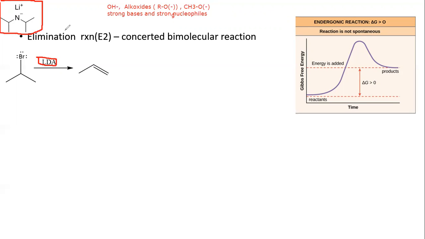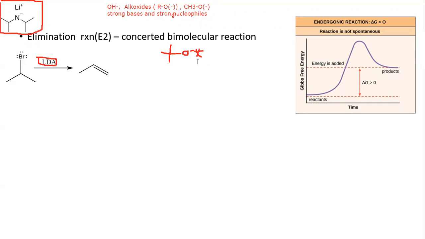Another example of a strong base but a weak nucleophile is potassium t-butoxide. And the way they would write this, something like this. I have it written somewhere, so we'll see in a second.